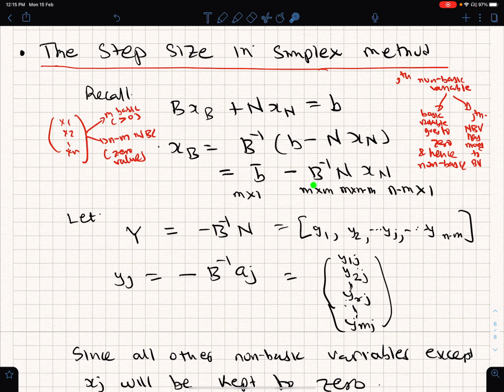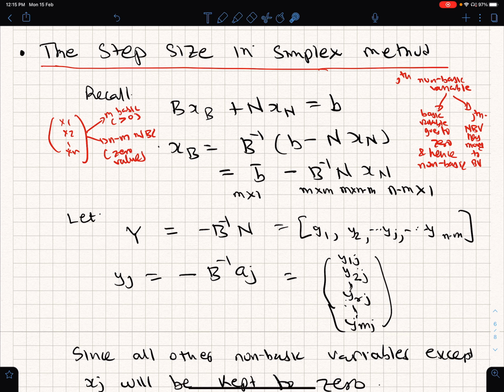And then B inverse N becomes an m cross (n minus m) matrix, because an m cross m matrix is being multiplied by an m into n minus m matrix, creating a matrix of dimension m into n minus m.